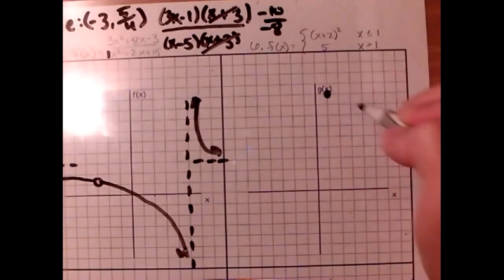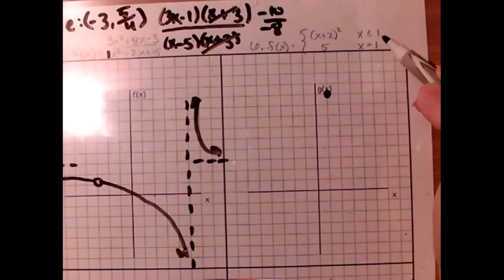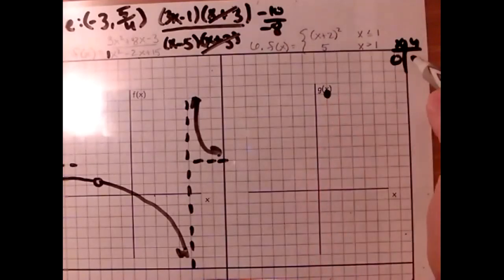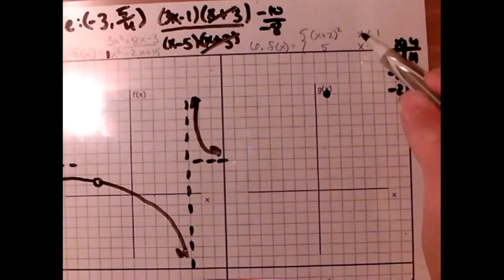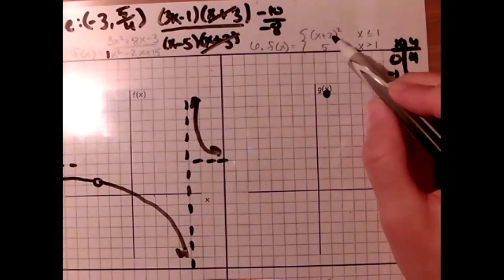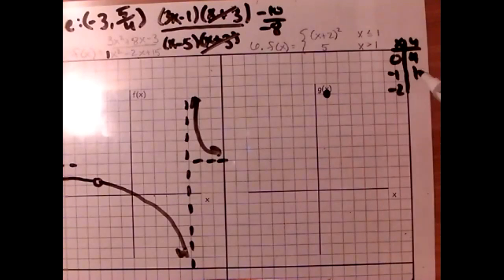Will be right there. And then I need to plug in some numbers smaller than 1. So let me try 0. 0 plus 2 would be 2, squared would be 4. And let me try a few more. Again, I have to go to the left. This is all numbers smaller than 1. So if I do negative 1, that will give me 1. If I do negative 2, that'll give me 0.